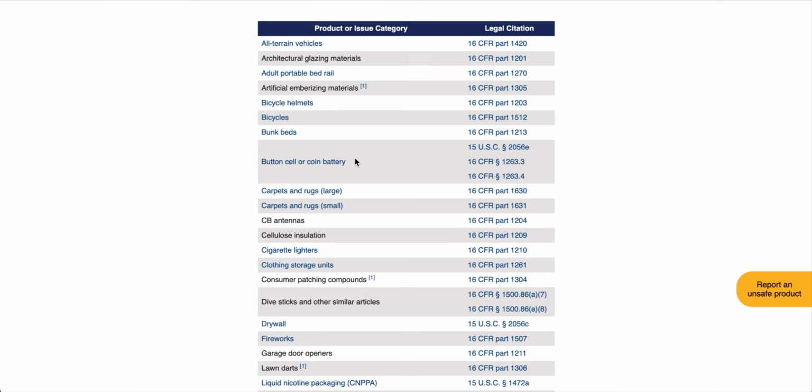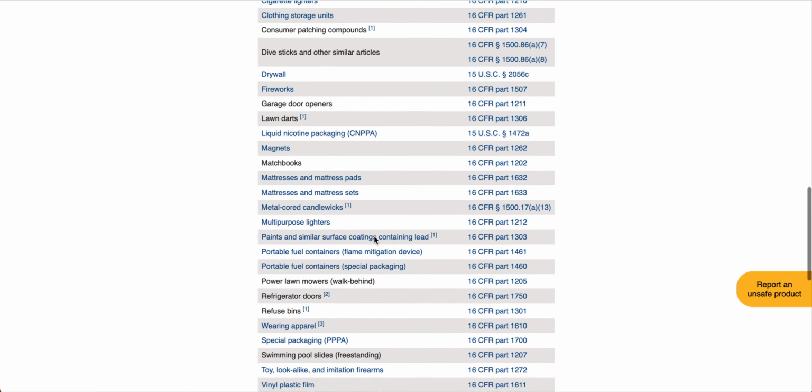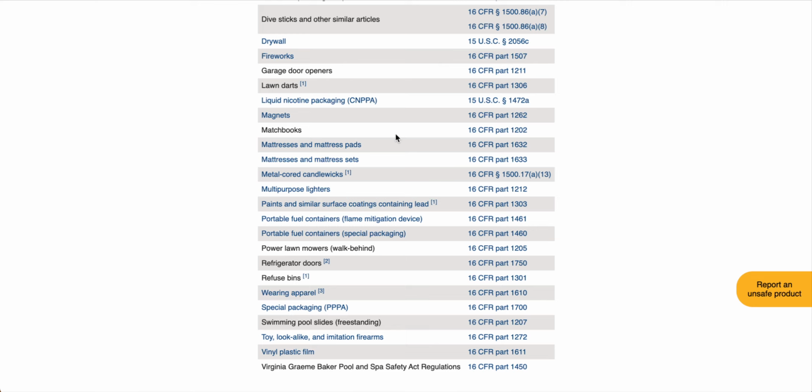But you also have some that apply to products containing certain components like button cell or coin batteries or magnets, for example. Okay? And some that apply to certain types of substances like lead.